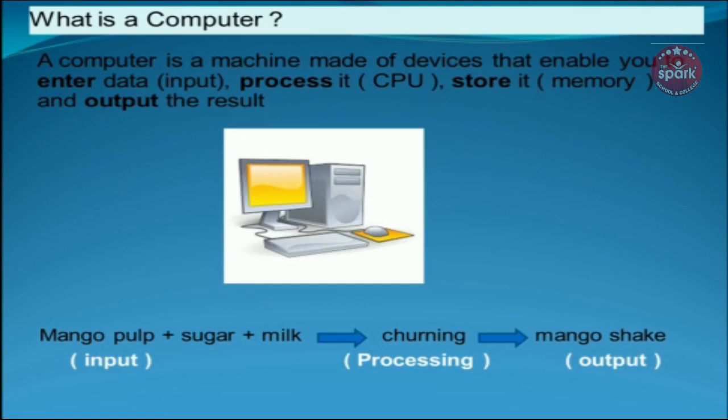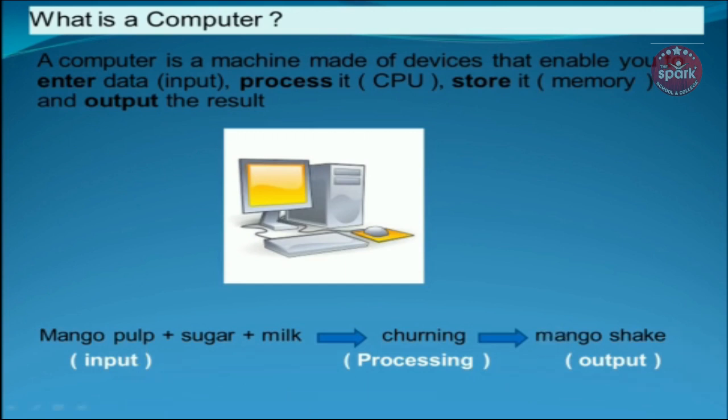What does it process? Any data that we give to the computer. Finally, it gives it to the CPU, and the CPU stores the data which has been given by us. It stores it in a memory, and finally it gives us an output which we see on the screen or LCD we are using.